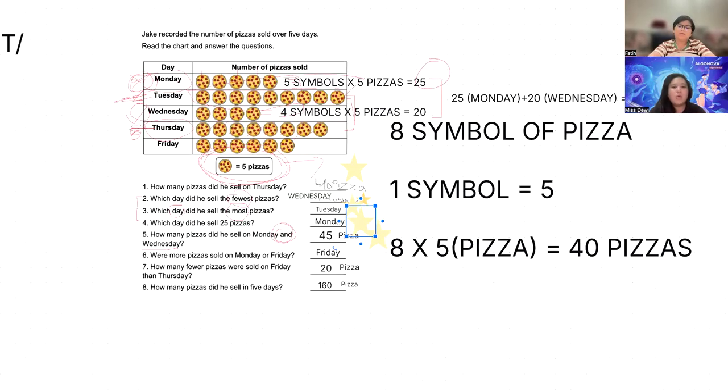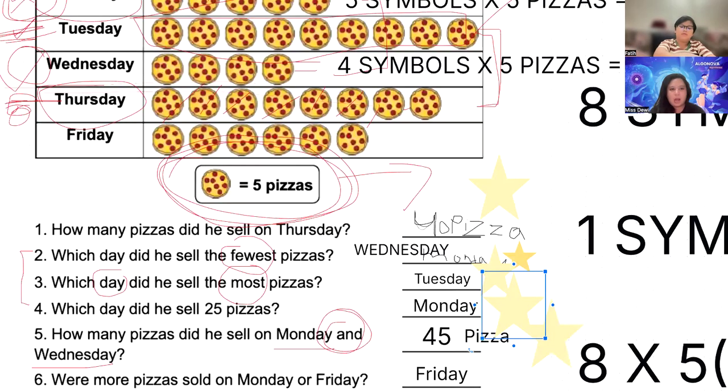Now, you see Monday, you already have the answer. Monday has 25. And Friday, okay, this one we still don't know yet. Let's count it. There are 1, 2, 3, 4, 5, and 6 symbols, correct? So we're gonna write in here 6 symbols.